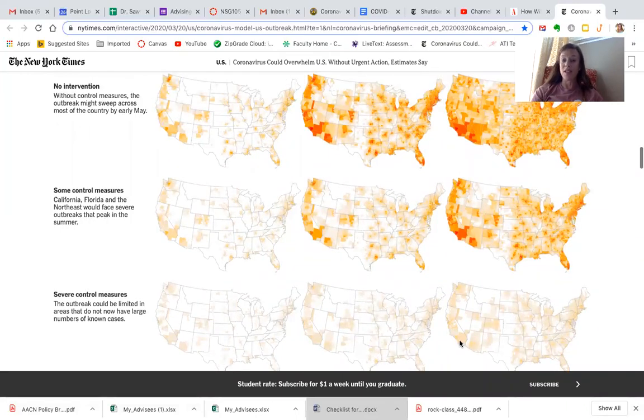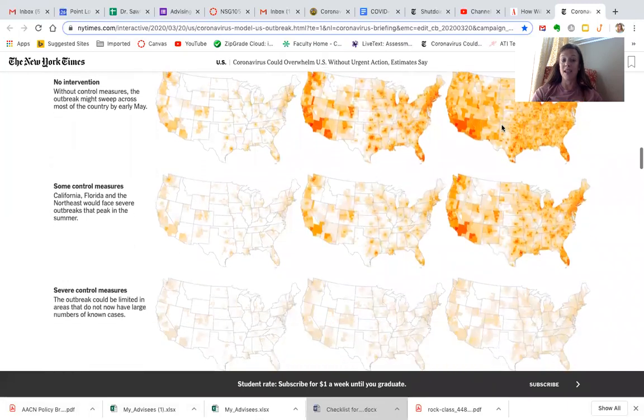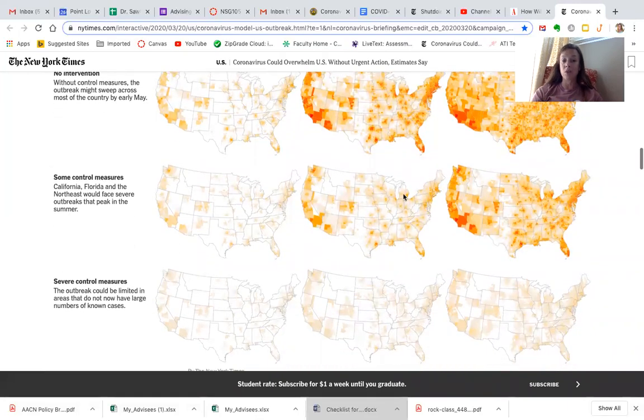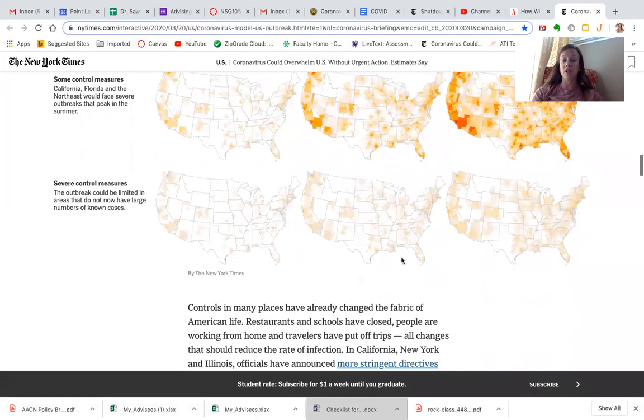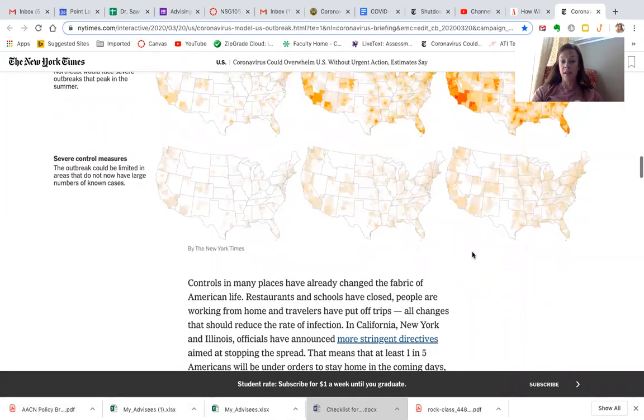So the top part shows if we do not intervene at all, how much of our country will be infected by June 1st. If we do some control measures, what will happen? And if we severely limit movement of our citizens throughout our country, what will happen?